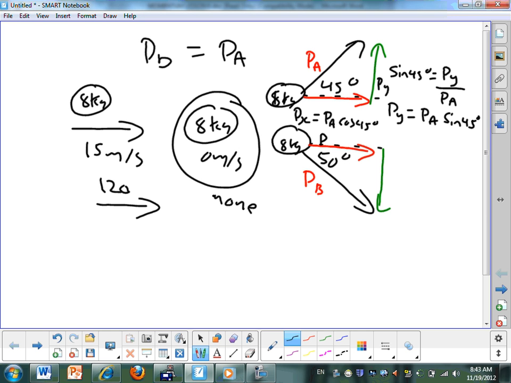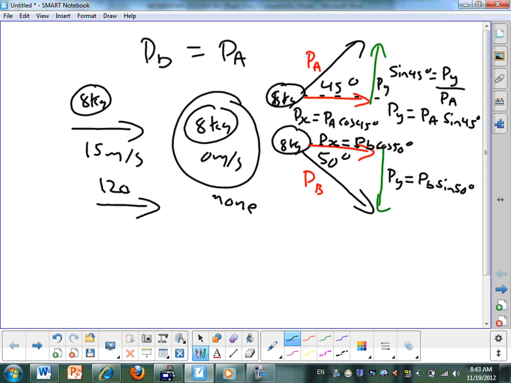This one's going to have a PX, which is going to be PB this time, cos 50, and PY is going to be related to the momentum of B, sine 50. So scary math, but just expressions of momentums in the x and y.